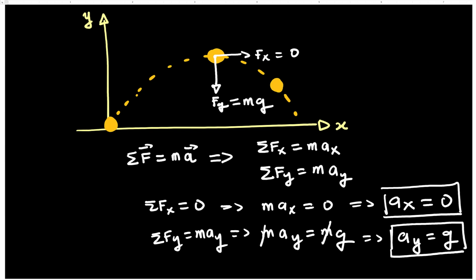Now, one of the tricks that we will use in analyzing projectile motion is the fact that the horizontal motion is completely independent of the vertical motion. And I have just proven that the horizontal motion is motion with a constant velocity, while the vertical motion is motion with a constant acceleration.